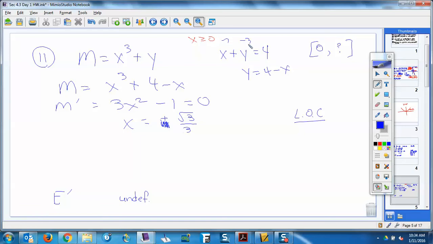Couldn't this be 7 and negative 3? Wouldn't that be 4? Can y be negative? Yeah, it doesn't say. I think y can be negative. So I don't think there is another endpoint, is there? No.